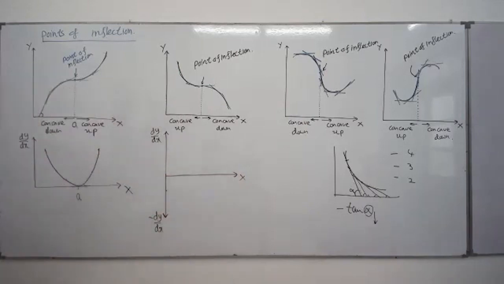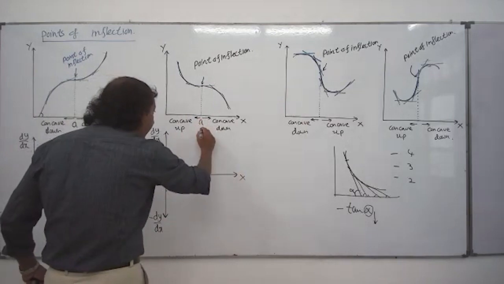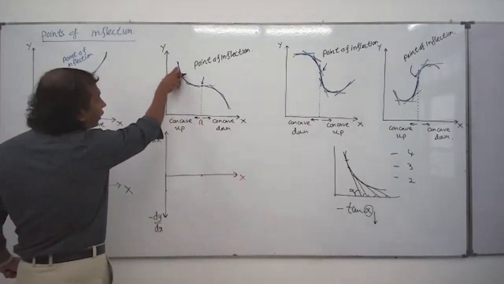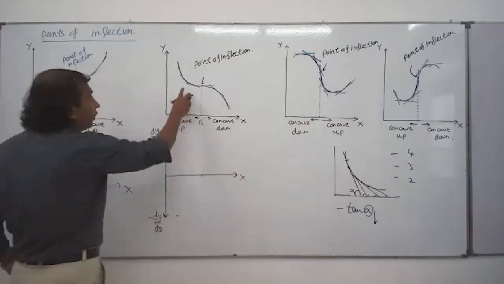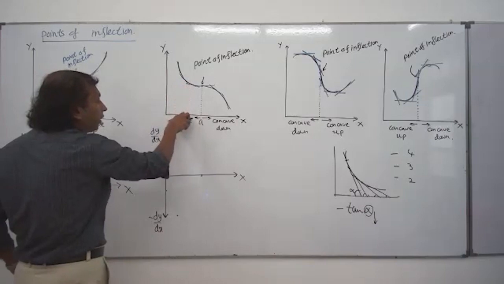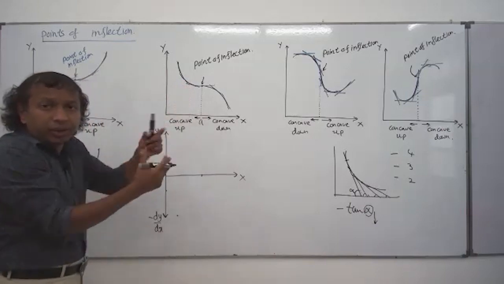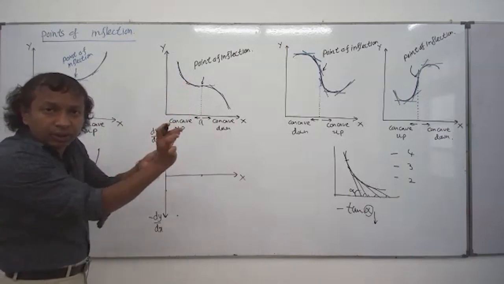Then what do you get there? At x equals a, suppose here is the point x equals a. Then somewhere here the gradient is negative. We get a point somewhere here. Somewhere here the gradient is negative, but that angle is smaller. The minus sign we have anyhow, and then the value is less.